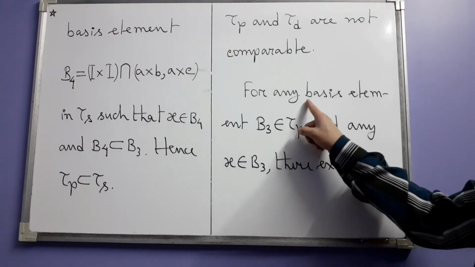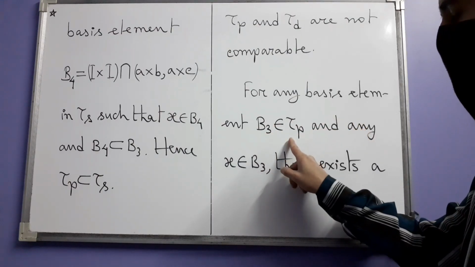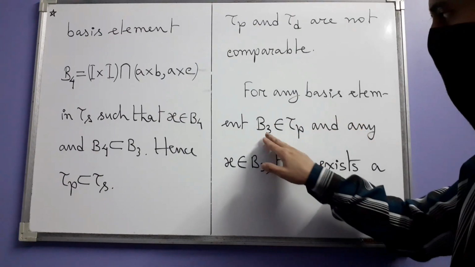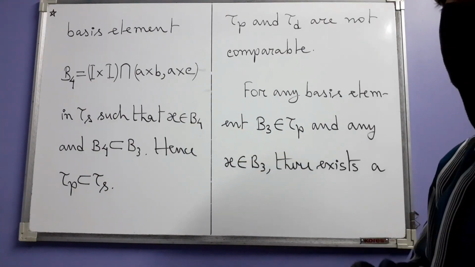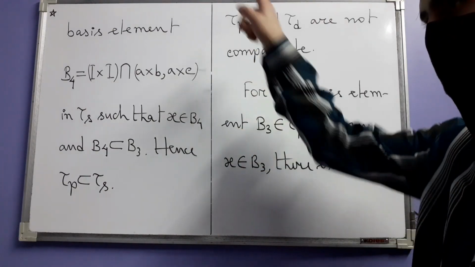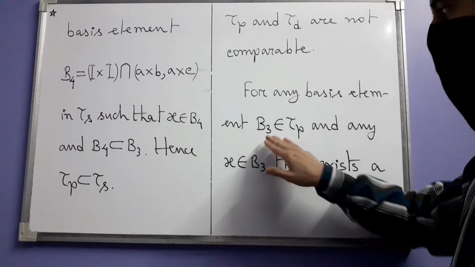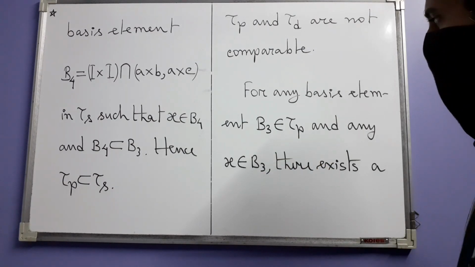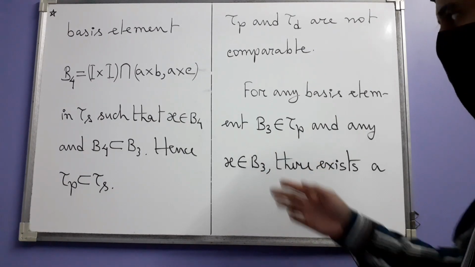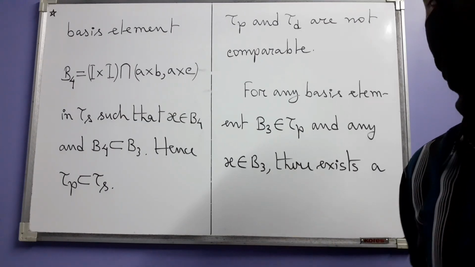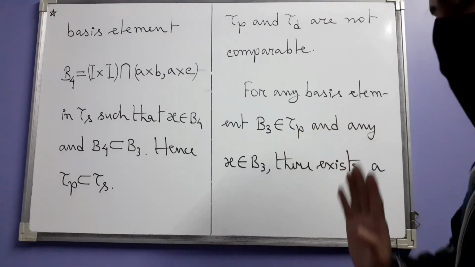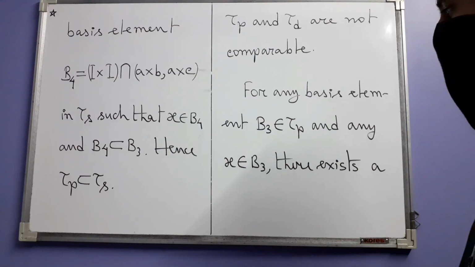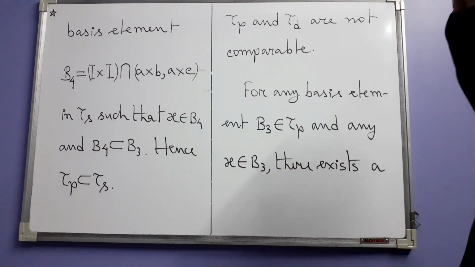Next, we note this: for any basis element B3 in the product topology, we are using different names so that we don't get confused with the previous ones. If you want, you can write B also, or B1 and B2, provided you don't get confused. But anyway, we have taken a basis element B3 in the product topology, any basis element, and any point x in B3.